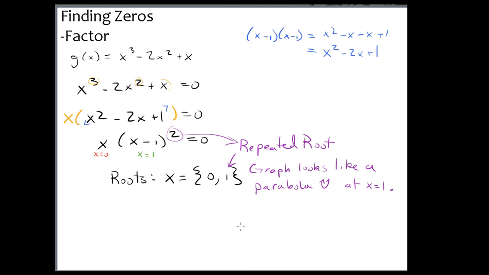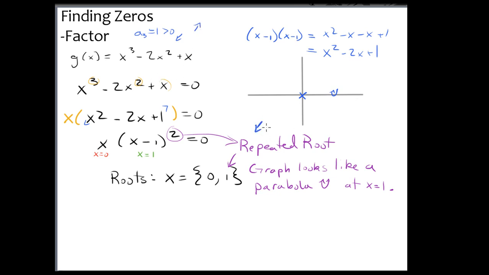So at x equals 0, it's 0. We'll just sketch this out really quickly here. It goes through here, 0, 0. And then at 1, it's a parabola. So the leading coefficient is 1, which is greater than 0. So that means it's going to have this kind of behavior, right? Going back to what we were talking about.